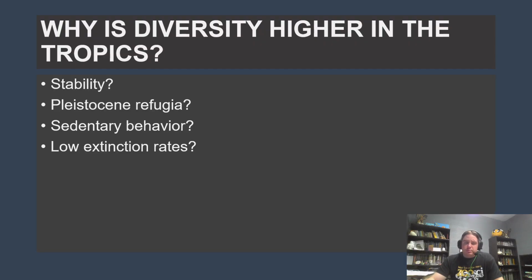Some other possibilities are related to behavior. So in many tropical species, they're relatively sedentary, right? We don't see a lot of tropical migrators. Things tend to stay around the tropics all year round, they don't move as much. And it's possible that that sedentary behavior means lower gene flow.